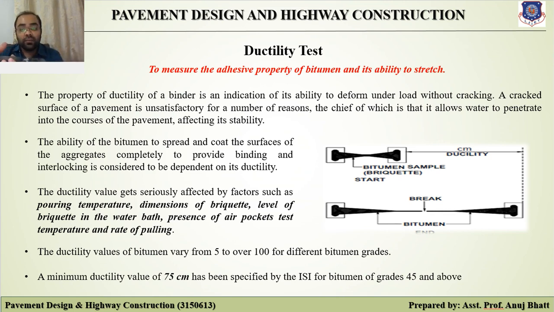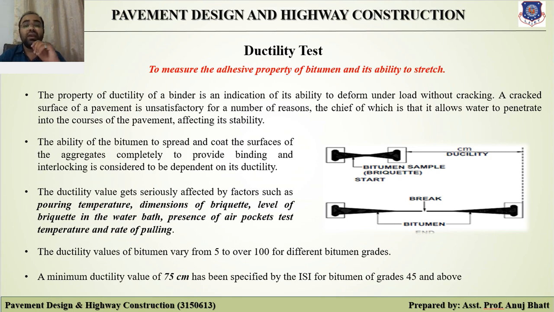If that material gets over here, then you have to cut it with a knife and make the surface leveled, or you can use any other object to make it leveled. Next, the mold assembly containing the sample is placed in the water bath of the ductility testing machine for 85 to 95 minutes.